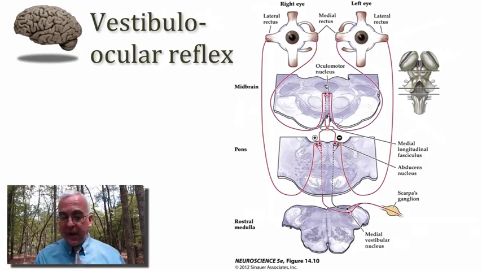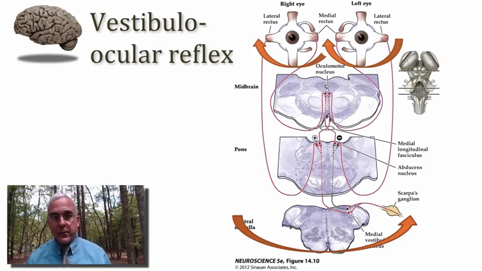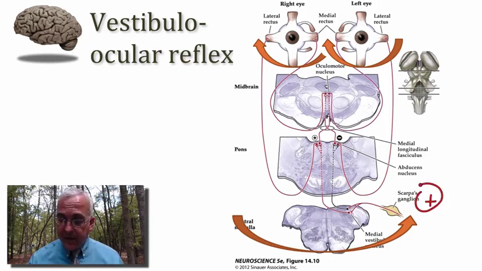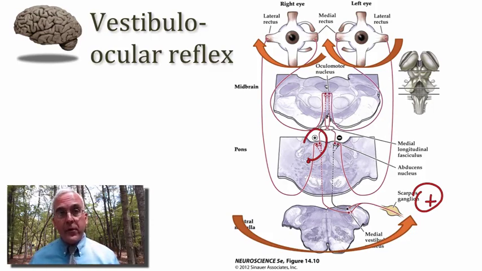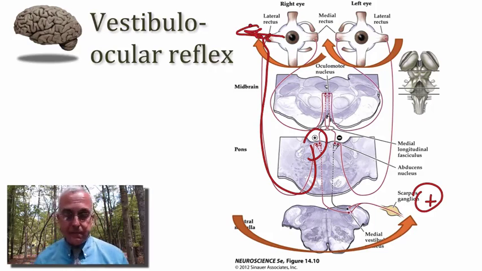And as I move my head to the left, my eyes rotate to the right. And the reason why is that as I turn my head to the left, I'm activating the horizontal canal on the left side of my head. That's driving excitatory signals that are going to cross the midline. That's going to activate the motor neurons in the abducens nucleus, which will innervate the lateral rectus and pull that eye toward the right.